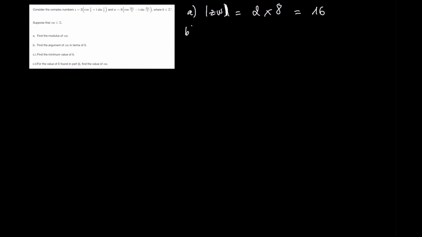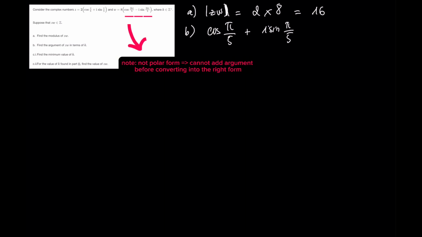Okay, moving on to b. Find the argument of z times w in terms of k. So we have cos theta over 5 plus i sine theta over 5 as z. And we have cos 2k pi over 5 minus i sine 2k pi over 5. We have mentioned this before. This is not in polar form, so we cannot add this together.